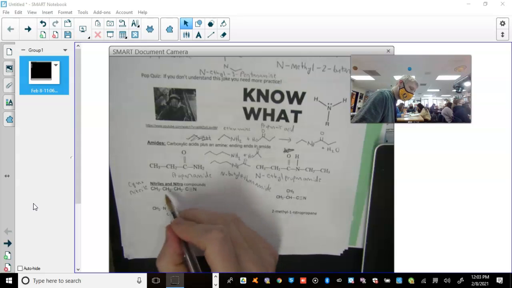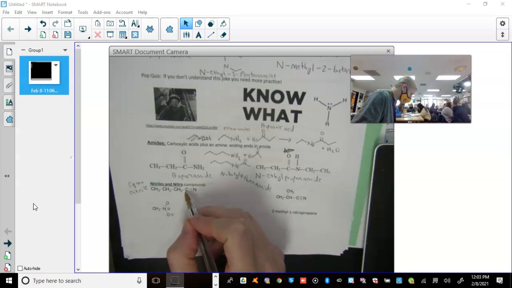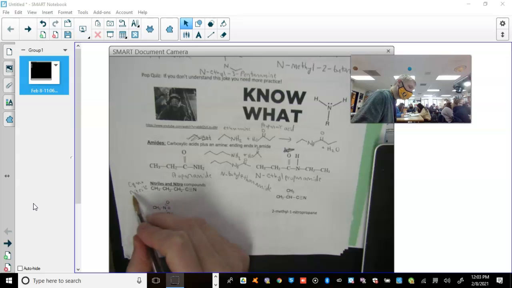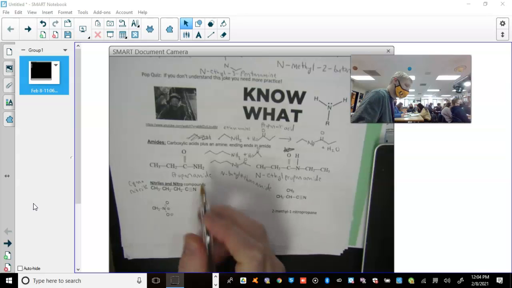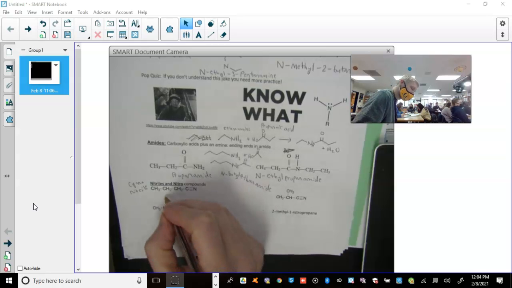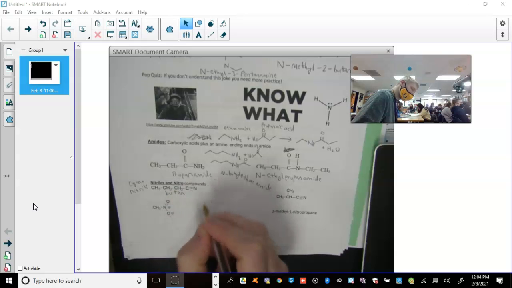So this one is 1, 2, 3, 4. There are two different ways to name it. If you're going with the nitrile name, you have to include the carbon that's attached to the nitrogen. So it's going to be 1, 2, 3, 4. That's butane.